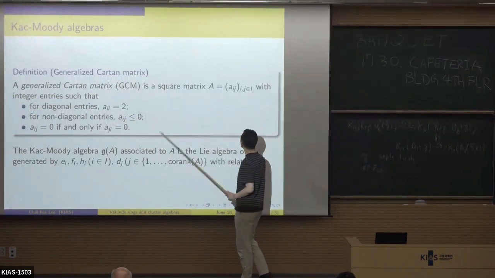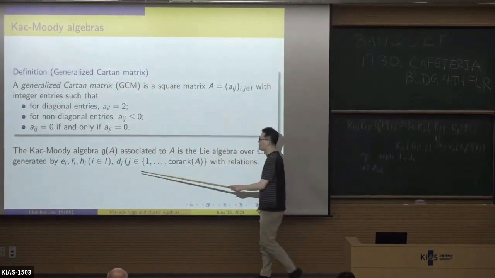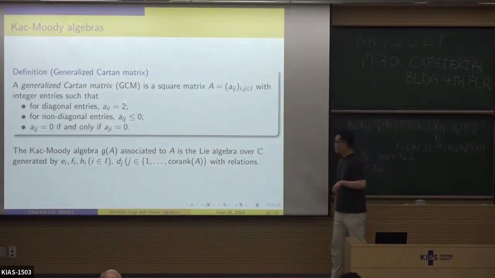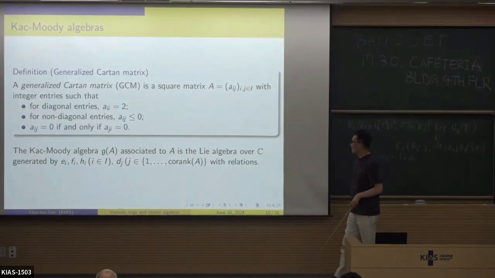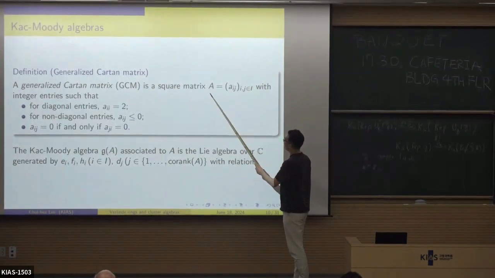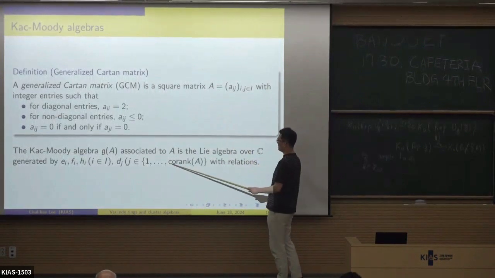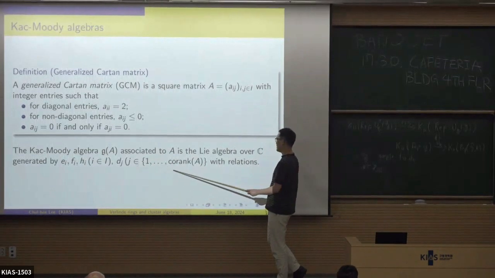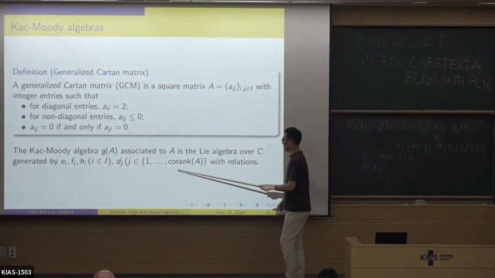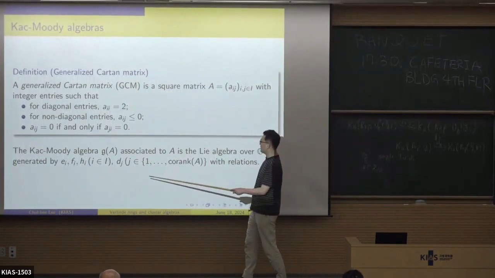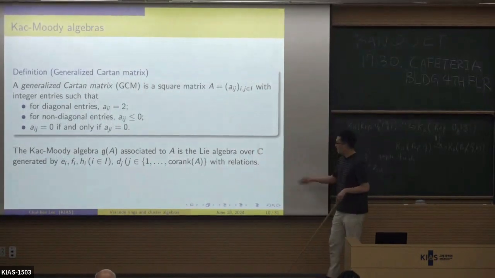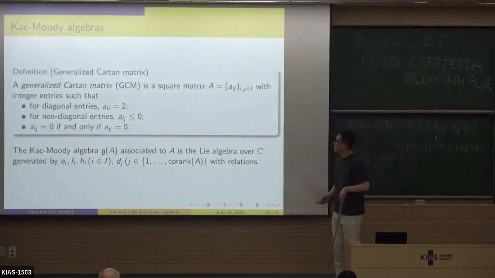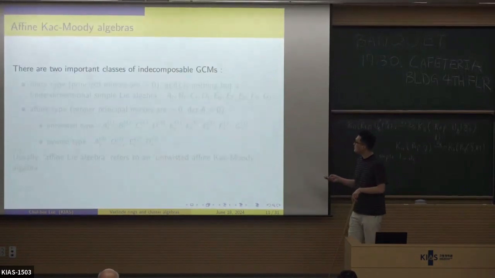Here the index set is I. For each index, we prepare some generators called e_i, f_i, and h_i. And because this is not necessarily a full rank matrix, up to its corank, that is the dimension of its null space, we prepare another generator, and we can write down relations. This defines a Kac-Moody algebra associated to a generalized Cartan matrix.